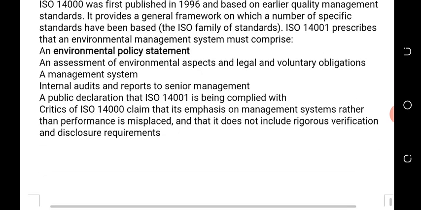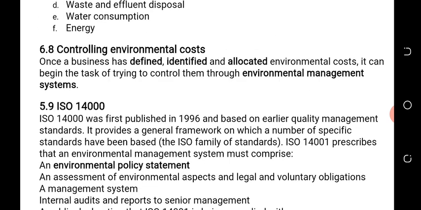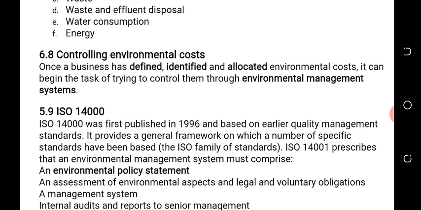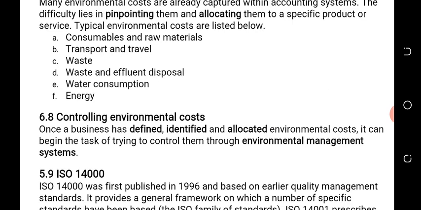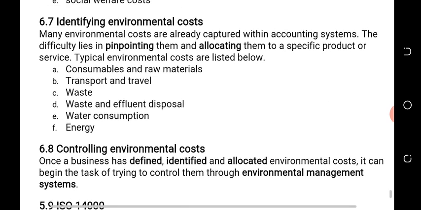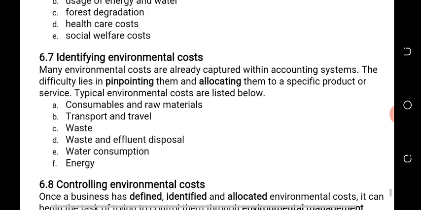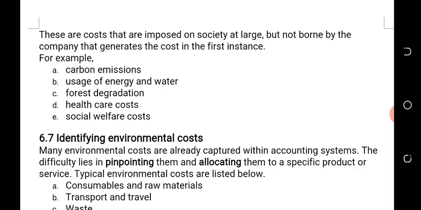This is a standard that covers environmental cost. So we should look at this and read this topic up, and let's try to solve those questions. Look at this question we saw before, and understand the topics. So what remains under this broad topic will be on product profitability and customer profitability.